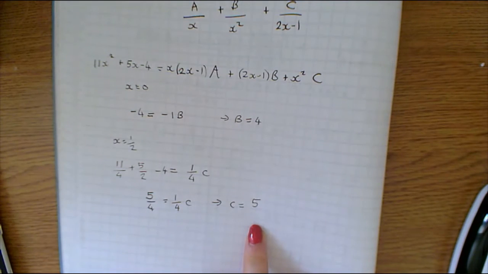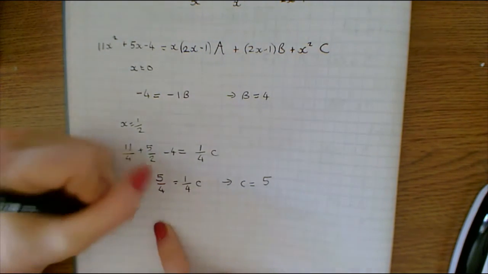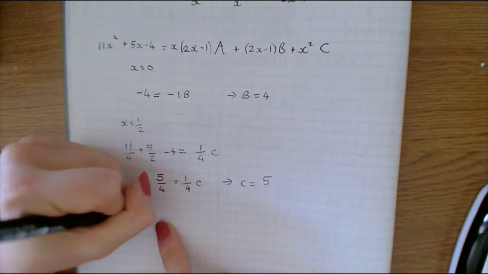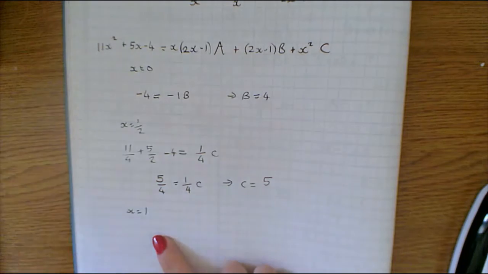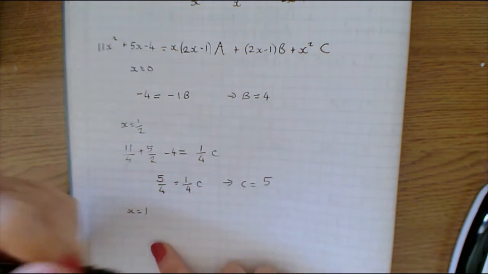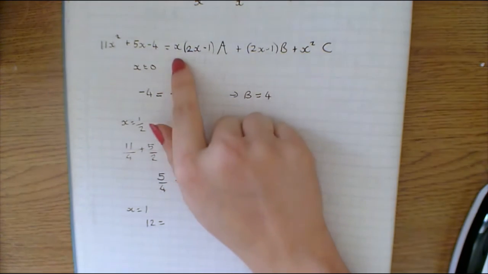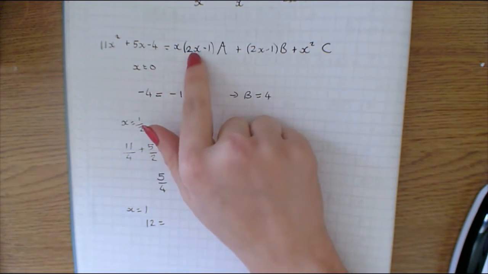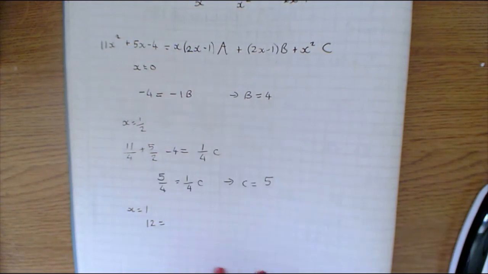And finally, my recommendation is you just make another substitution now, and it doesn't matter what value of x you substitute in. I'm just going to substitute in x equals 1. So when we substitute in x equals 1, on this side we get 11 plus 5 is 16. 16 take away 4 is 12. So on the left hand side I get 12. Then here, when x equals 1, this bracket is worth 1. 1 times 1 is 1, so we get 1a.